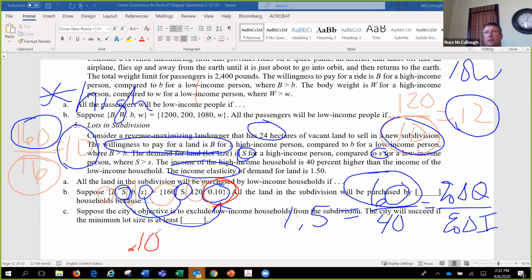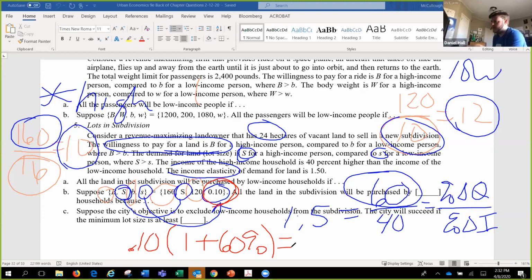Daniel, the formula that we use for adding on is 1 plus, kind of like 1 plus the interest rate. So it's 1 plus the rate, which is 60%, 1 plus 0.6. What is the size of our high income? 0.16. So now they're having 0.16 of a hectare as their demand.